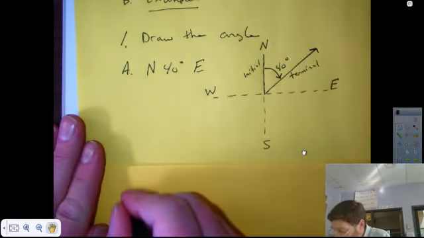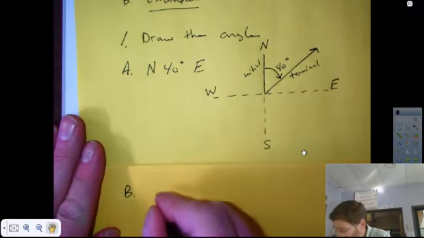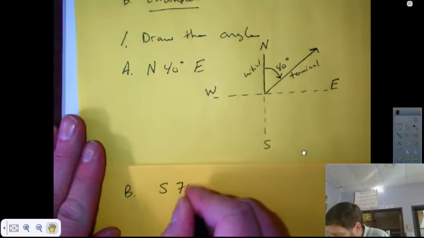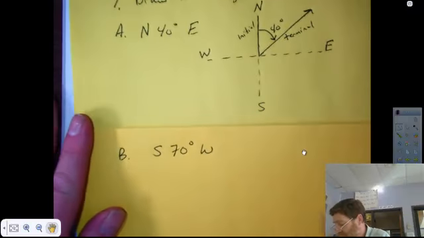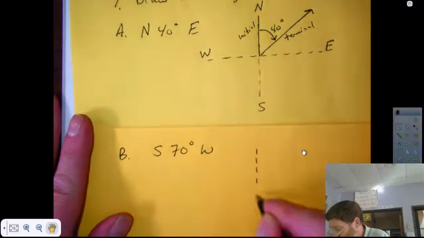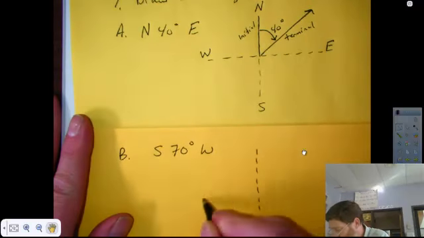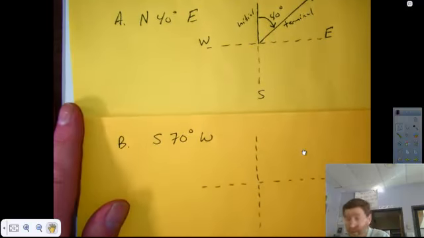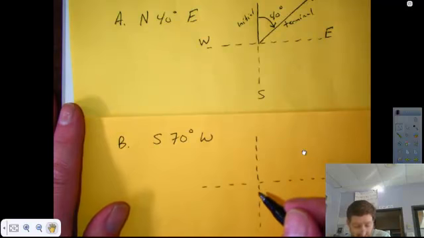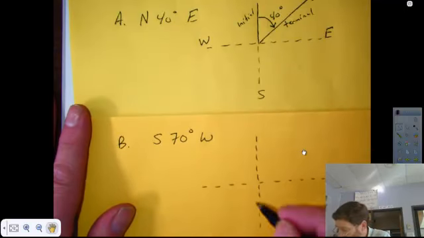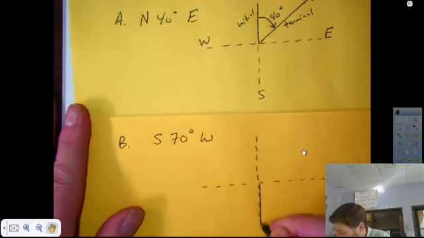Let's look at another one. If I was going to do south 70 degrees west. In this case, the south is my initial side, and I'm rotating to the west.